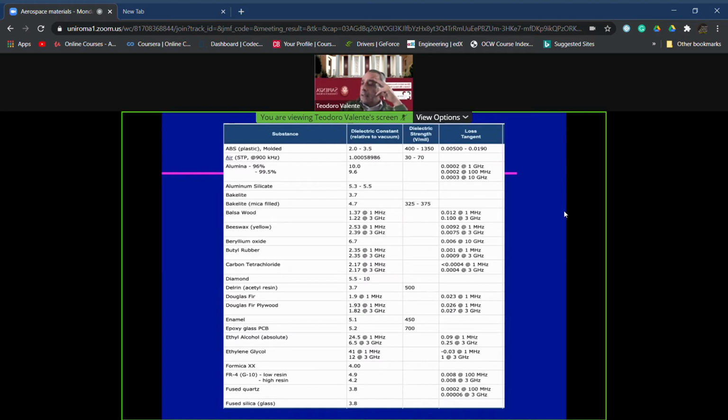And this is another matter which is important for our discussion, because we need to deal with a range of frequencies, and this means that the dielectric properties of the materials also depend on frequency.